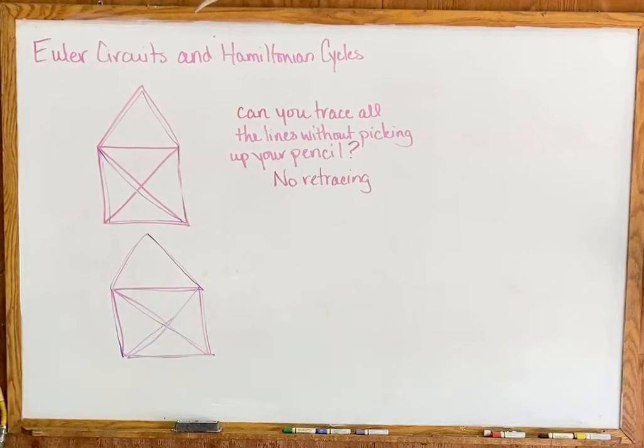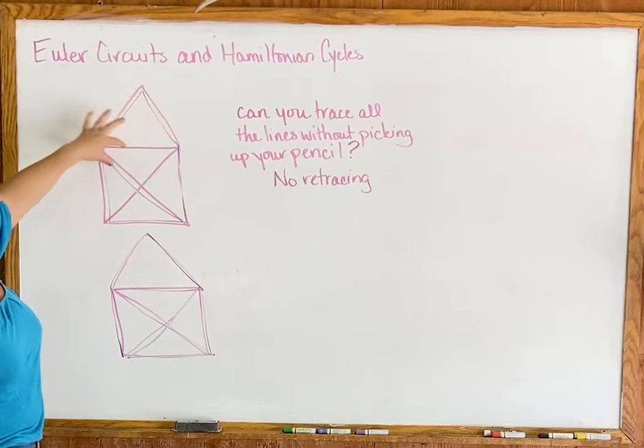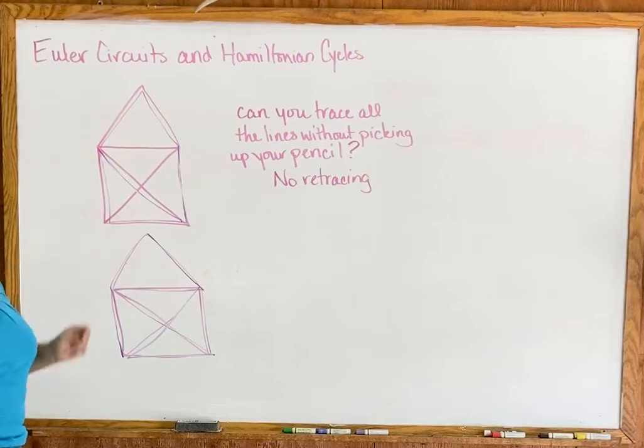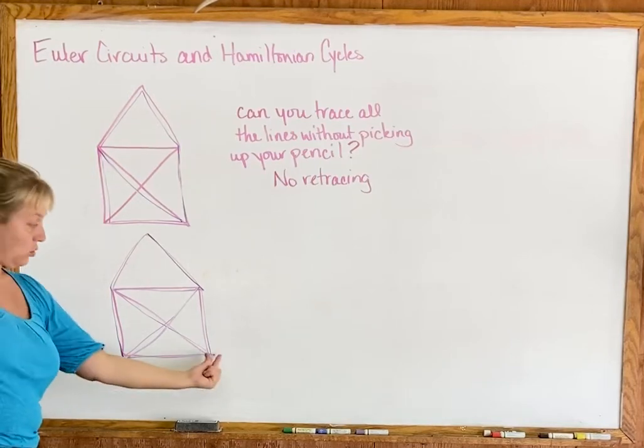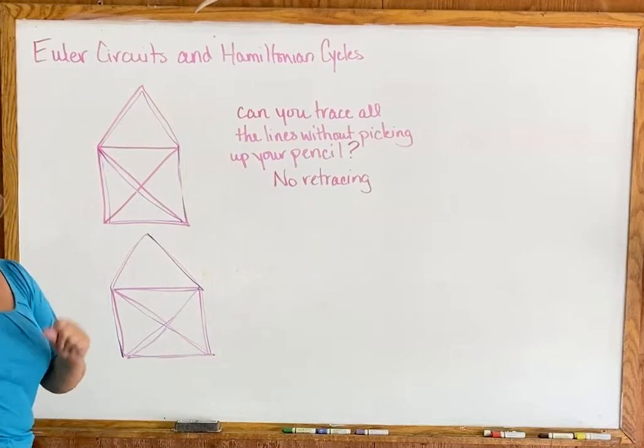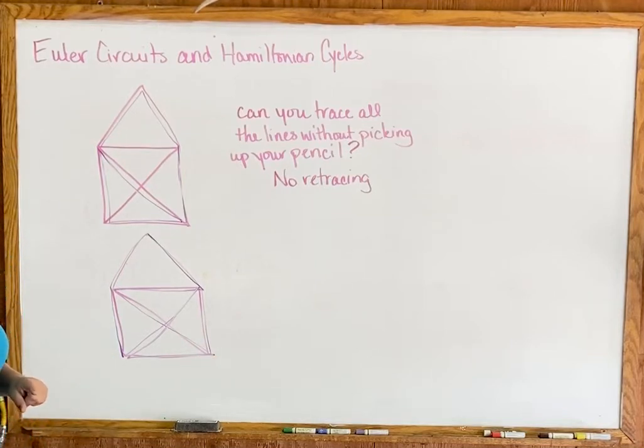It's that quick. If you started at any of these other points, you could sit here for a long time trying to make this happen. But if you start at this point down here or at this point over here, everything works easily. So we have to figure out what's special, that you can do it from some points but not from other points.